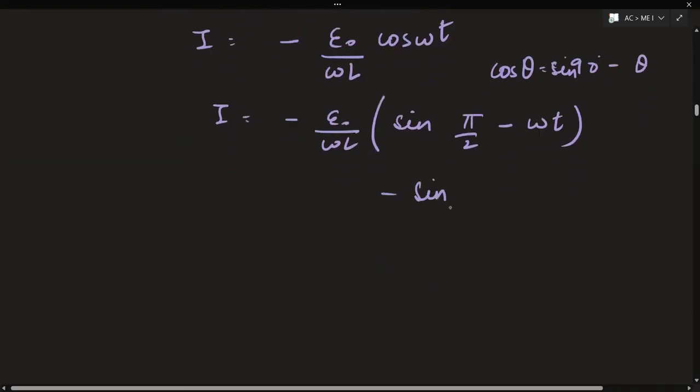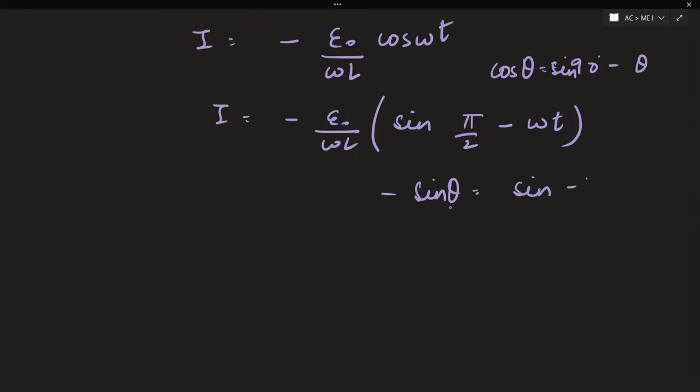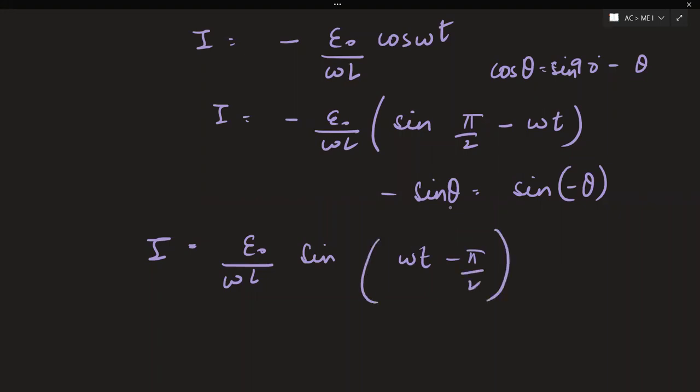Finally your equation becomes E naught by omega L sine of omega t minus pi by 2. Why? Because we have shifted this; this identity is used. Students who do not have mathematics, just learn this for this derivation only. This will be used in your numericals a little less often, so for the derivation part you can remember these two.